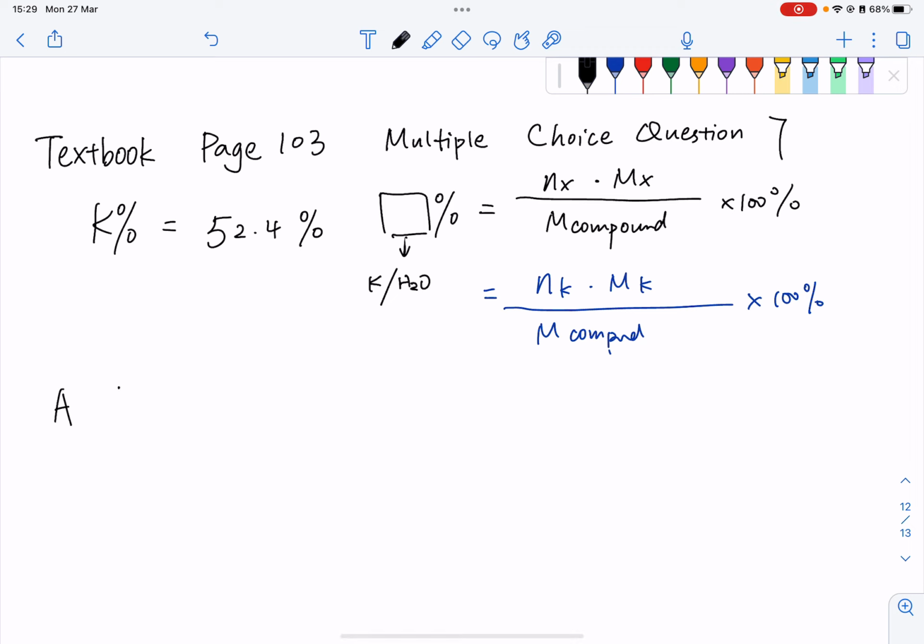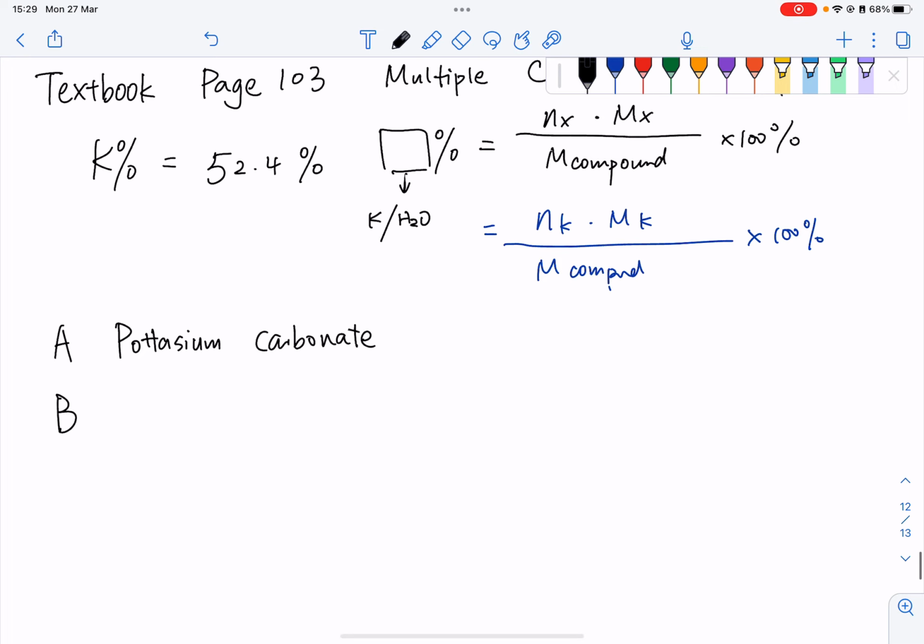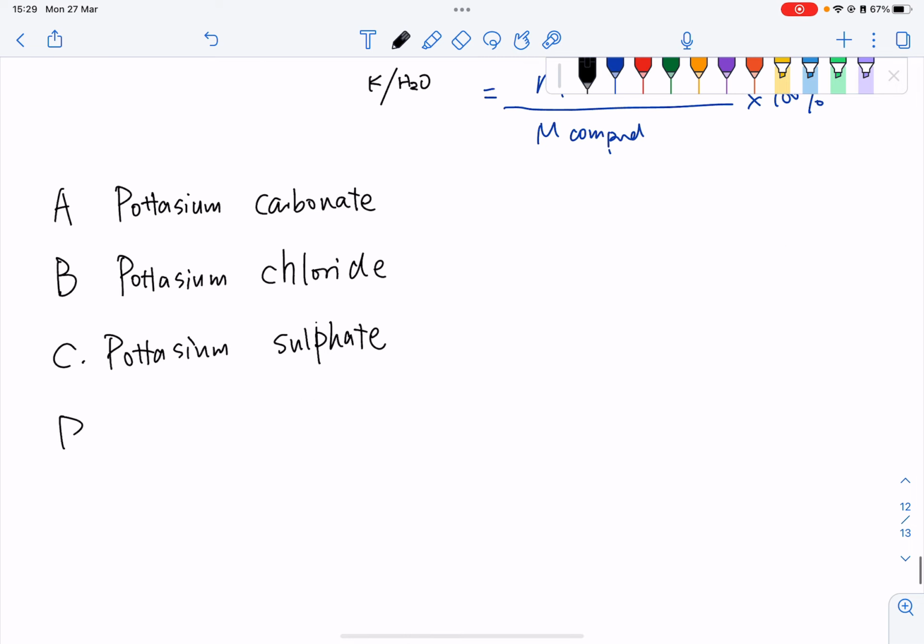The first one, A, is potassium carbonate. Let's try to write the chemical formula for each compound. And the fourth one will be potassium oxide.